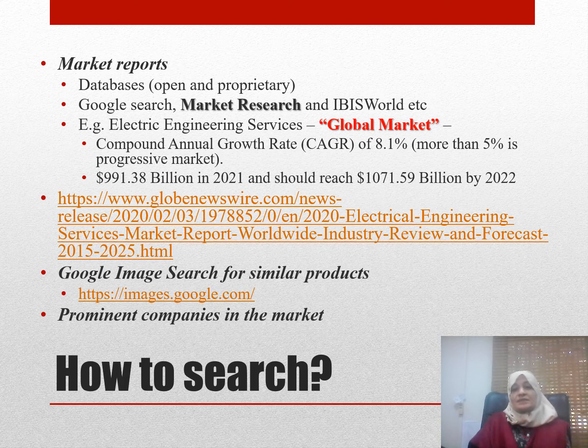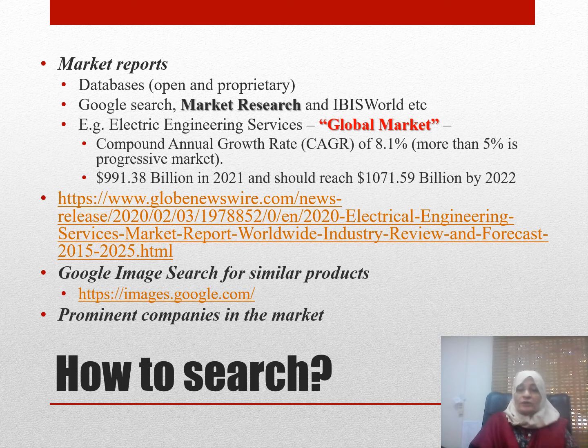So when I did this keyword search, it led me to a CAGR value of 8.1% for electrical engineering services. That's a clear-cut indication that the industry we will be working with, related to electrical engineering services, will be progressive in future.